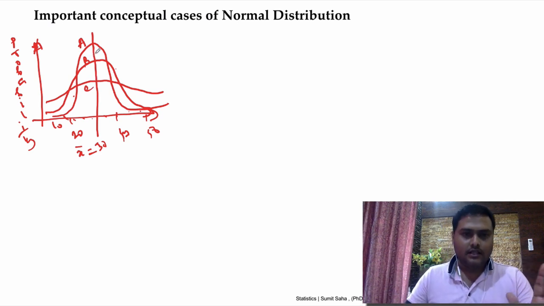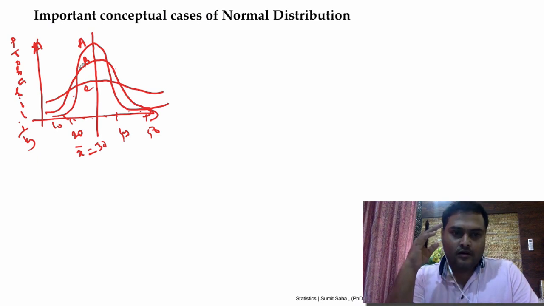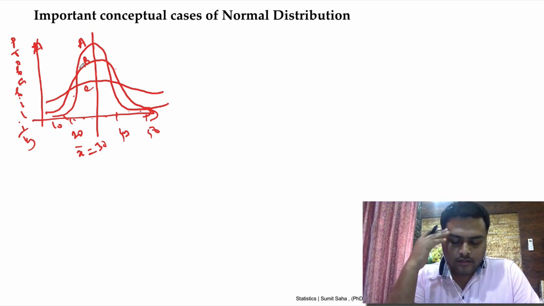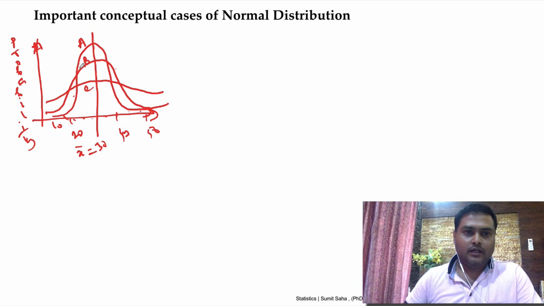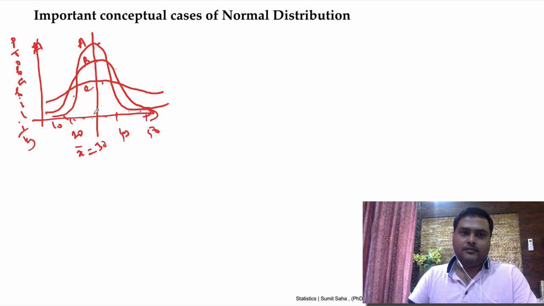It is mentioned on the same axis, and what conclusion can I draw? So from this, if I try to ask you what will be the relationship between the mean values of this curve and this curve, and what will be the relationship between the standard deviation of curve A, curve B, and curve C, what will be your response?